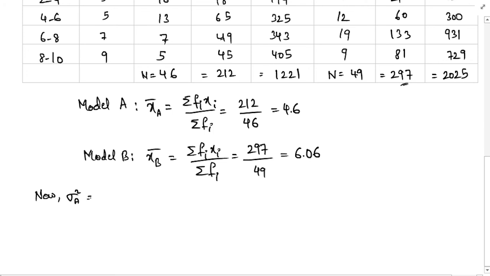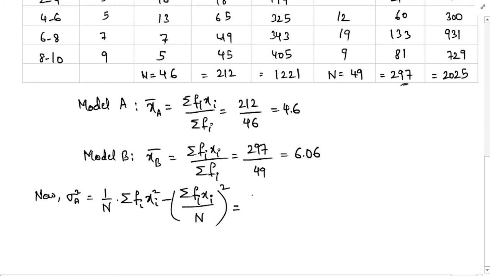Okay, so now we have to find sigma a square, the variance, that is equal to 1 by n into summation of fi xi square minus summation of fi xi divided by n whole square. You just have to remember all these formulas, that's it. Then it will be very easy. This chapter is very easy for you. Easily you can score 7 marks for the long answer questions. So just substitute all the values.